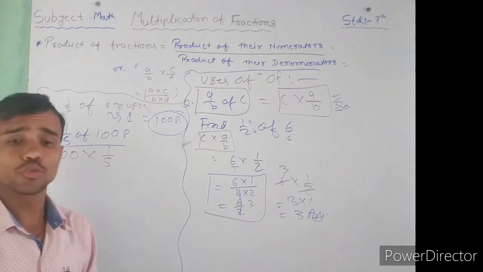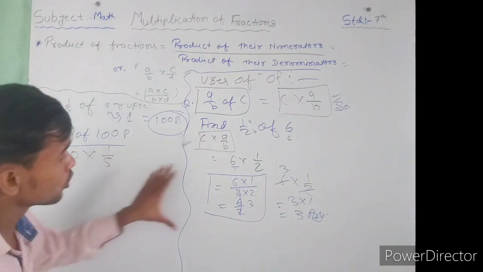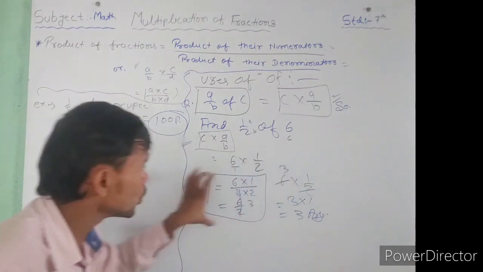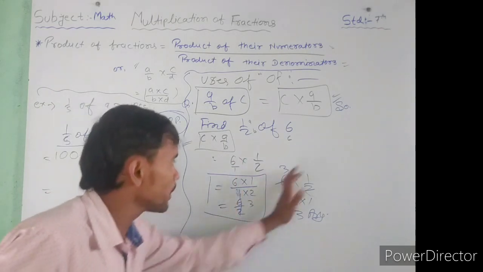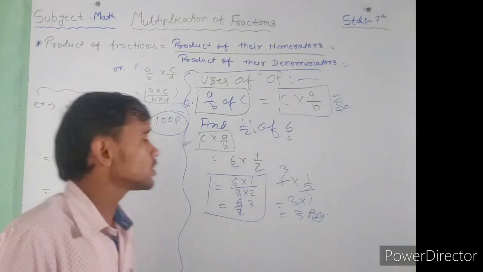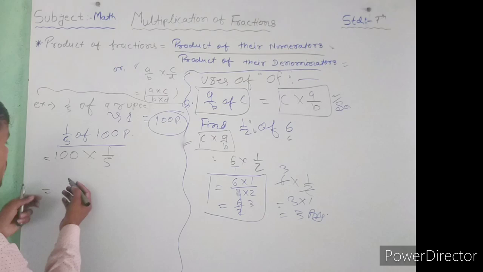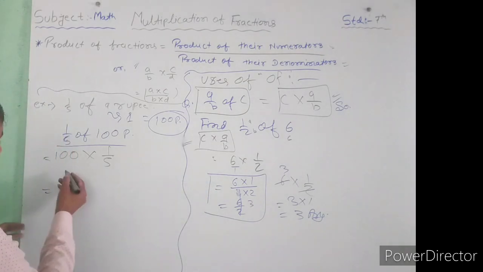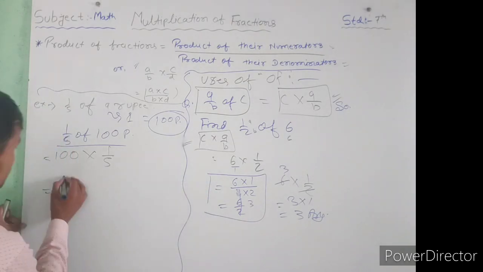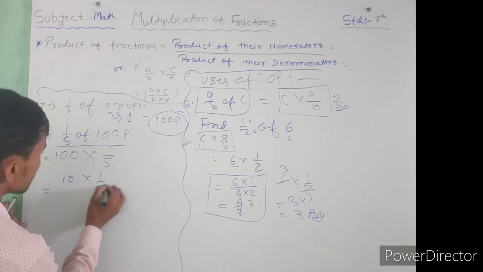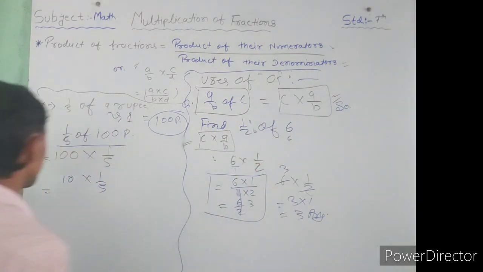How to solve it? As I told you, there are two forms, and you choose whichever form you use. First, use the first form: 100 multiplied by 1 by 5. That's the solution form.